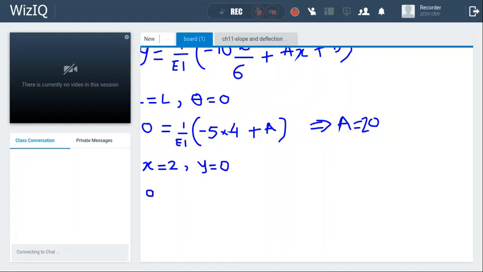On this side it is 0, and then we have 1 upon EI and minus 10.